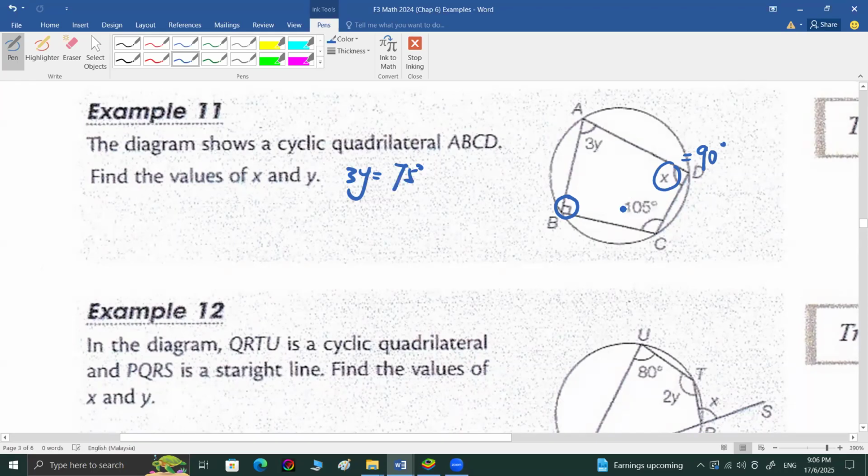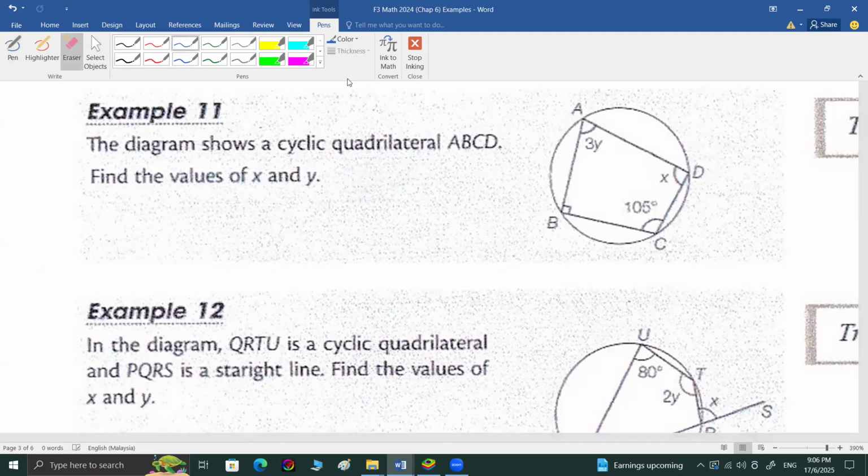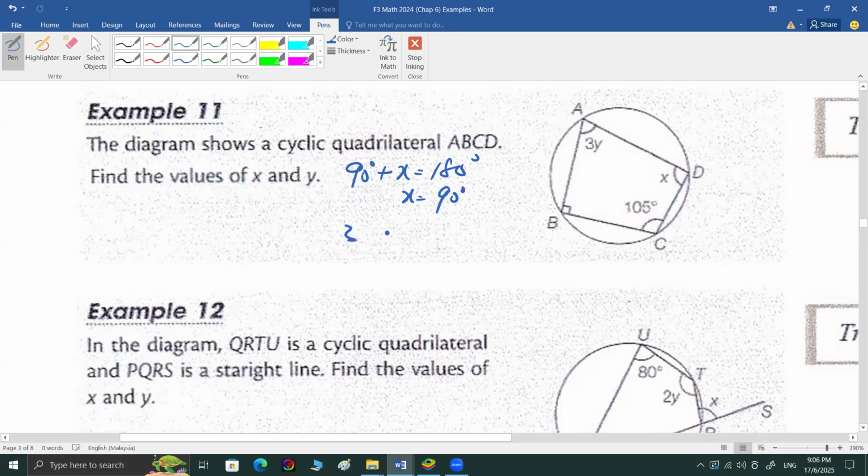Then 180 minus 105. Okay, I make it a long solution first because sometimes I make it too shortcut, you can't follow. So this one, 90 plus x is the formula 180. So x is 90, right? 3y plus 105 is 180. Actually, for the alphabet one you can go direct to a calculator.